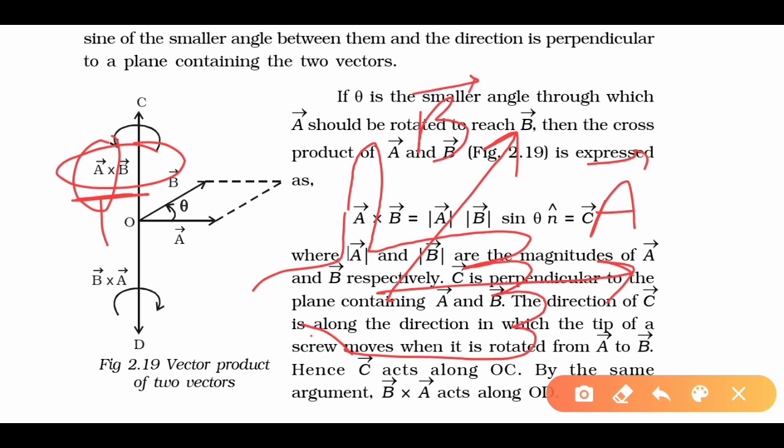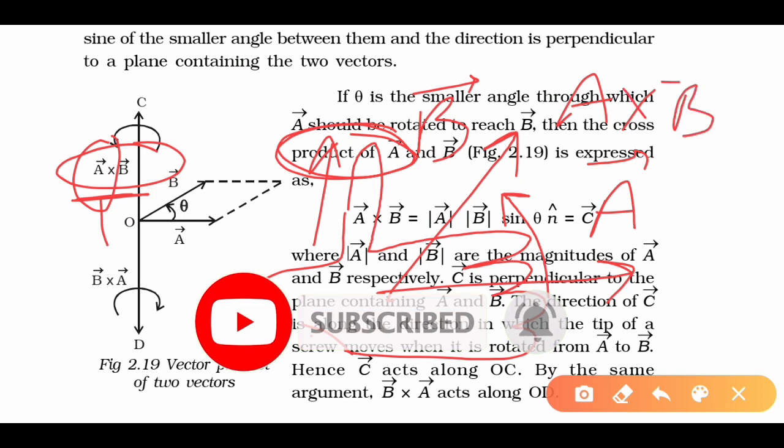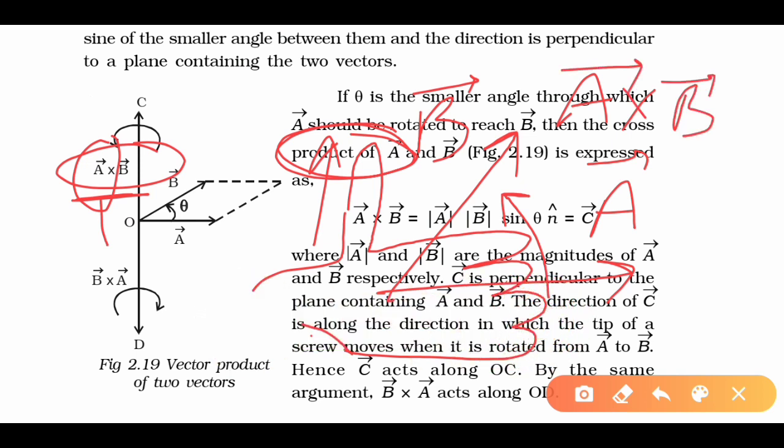So curl the fingers in the direction of B vector. Our thumb will then denote the direction of A cross B vector. This will be the resultant direction of A cross B vector. Clear? So this is known as the right hand thumb rule.